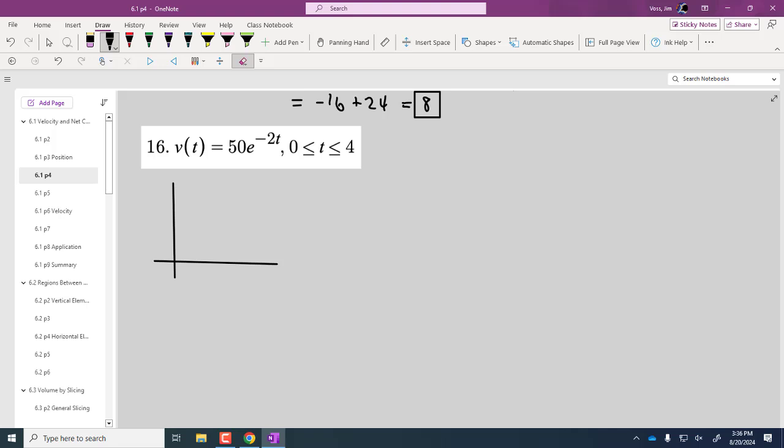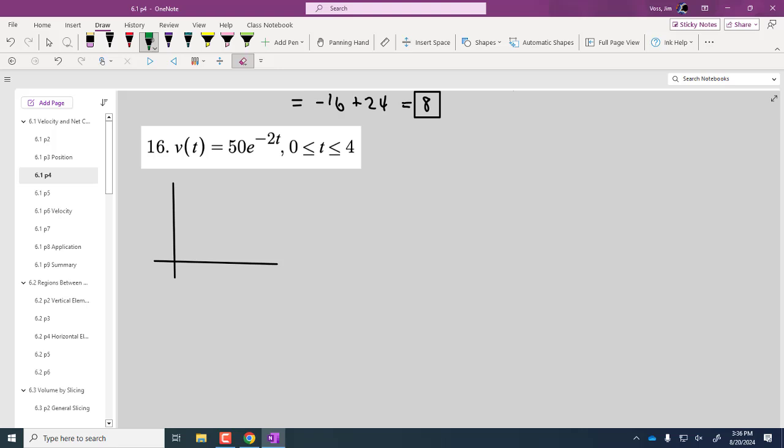Decaying. Right? Because we're dealing with stuff to the right of 0, and when you plug in numbers to the right of 0, you have a negative exponent, which means it's going to be going down. Now, if we just plug in our two values, we'll get a perfect enough sketch.